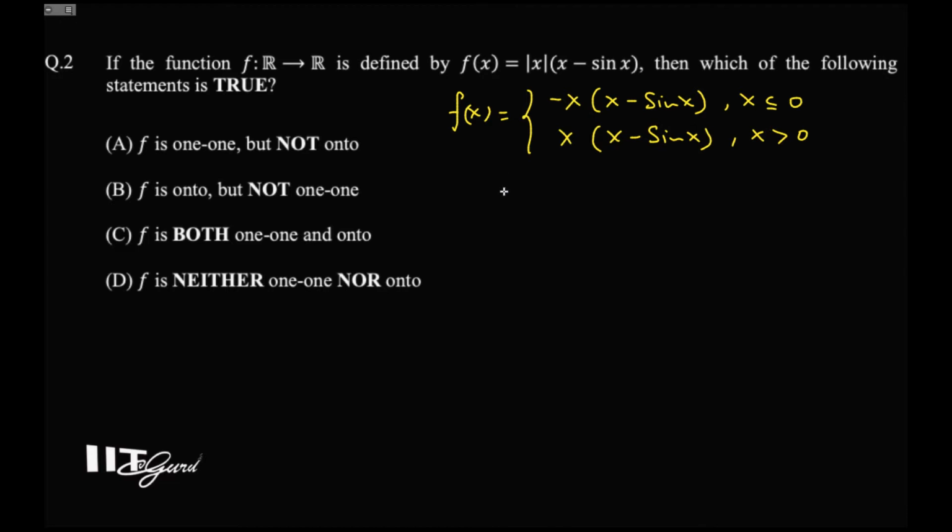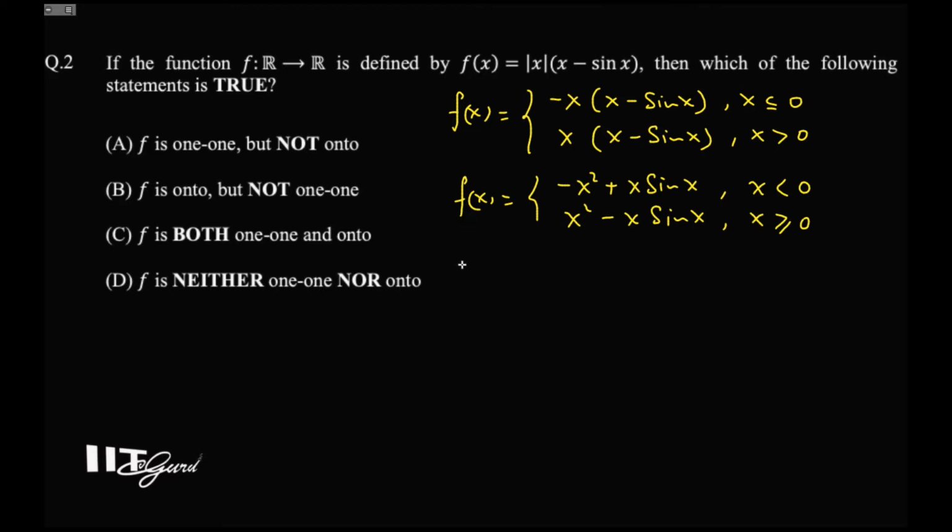So for f(x), you can say negative of x square plus x sin x for x less than 0, and x square minus x sin x for x greater or equal to 0.